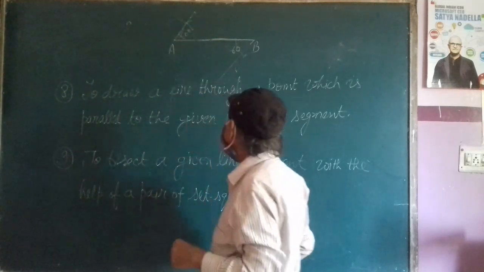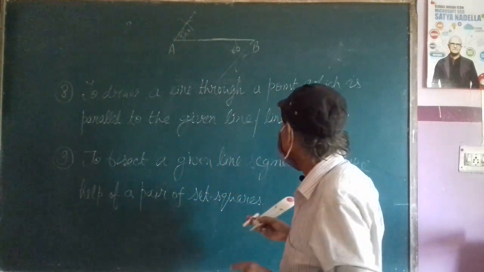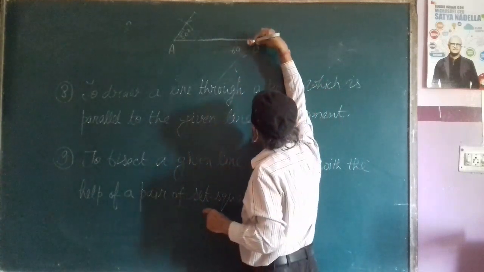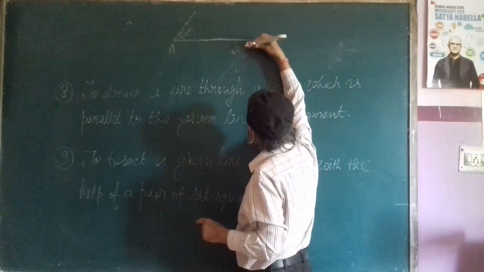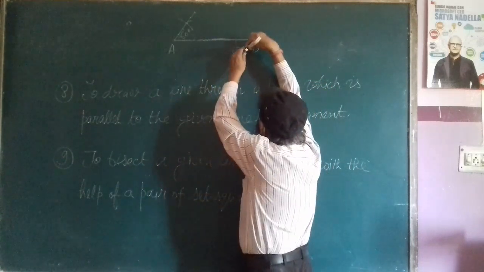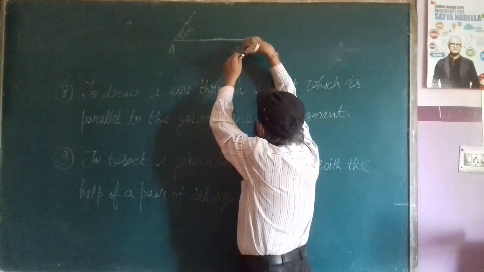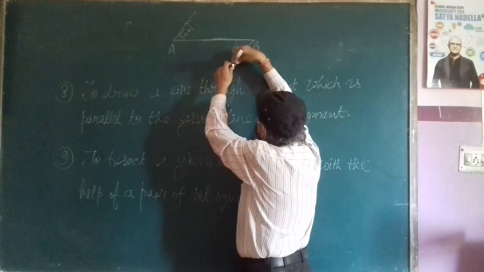So you have marked 5 equal spaces. Without disturbing the gap, you also make 5 on the other line. 1, 2, 3, 4, and 5.